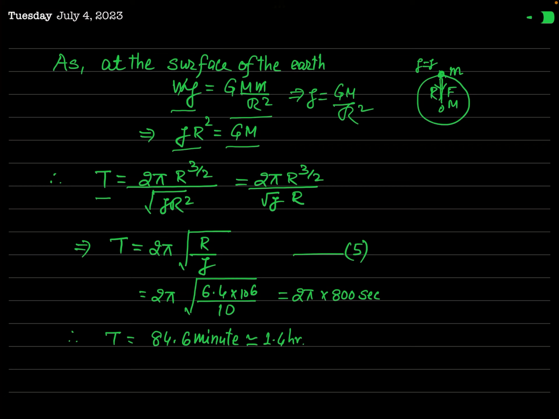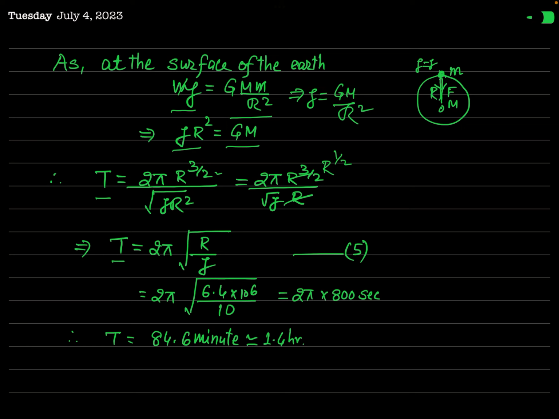So the period of revolution in this condition can be written as T equal to 2 pi times R to the power 3 by 2 divided by root over gR square. And this will be 2 pi R to the power 3 by 2 divided by root over g times R. Now this R will cancel out, and when this R cancels out, in the numerator there will be R to the power half. So your result for T will be 2 pi root over R by g.